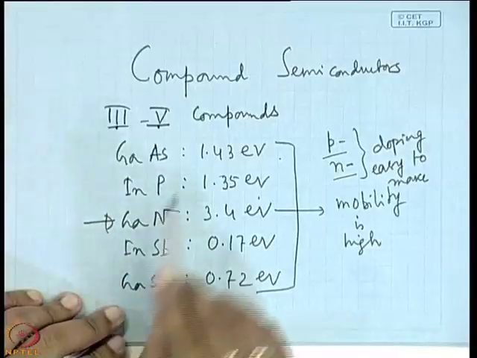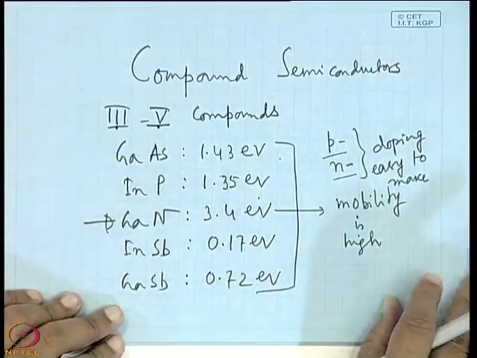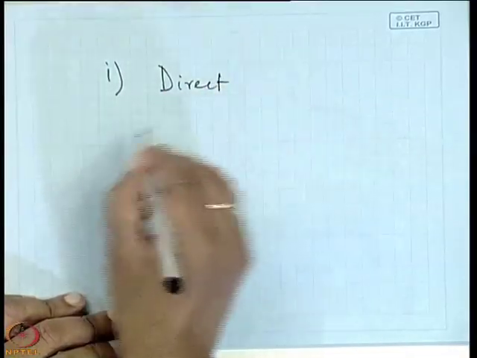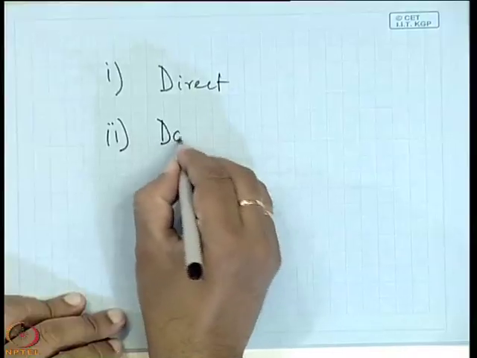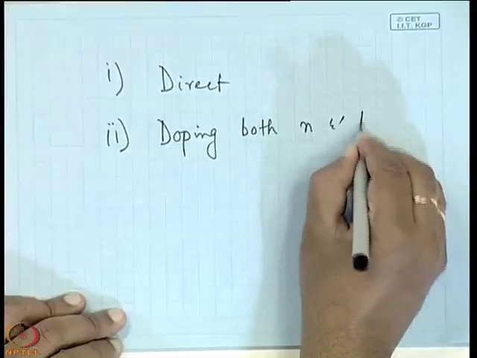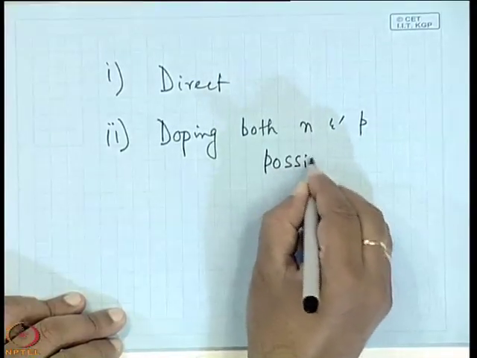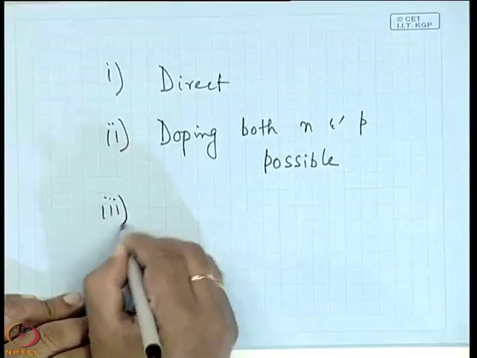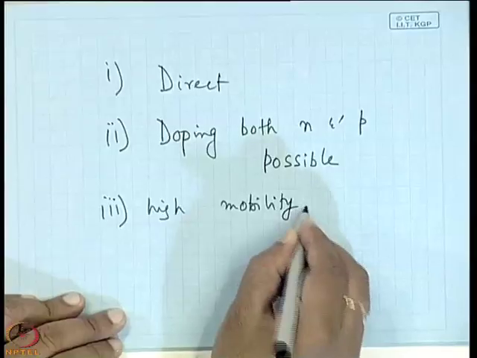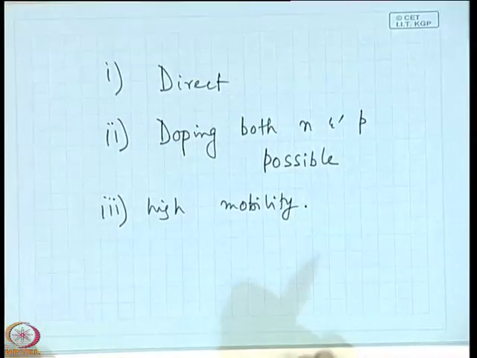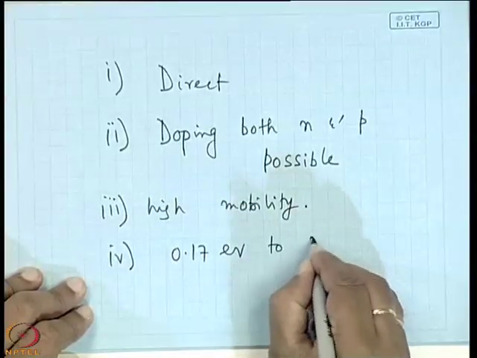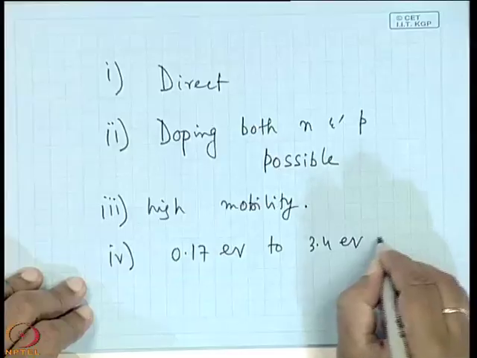Another important aspect of these materials is that they are direct band gap semiconductors. So number 1 is direct band gap, number 2 is doping possible, number 3 is high mobility, and number 4 is a band gap range from 0.17 electron volt for indium antimonide to 3.4 electron volt for gallium nitride.